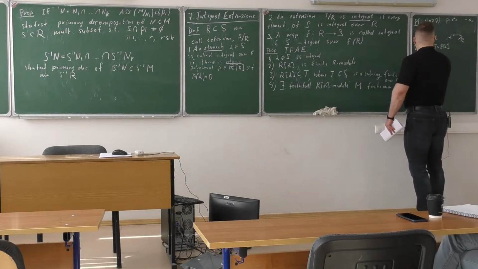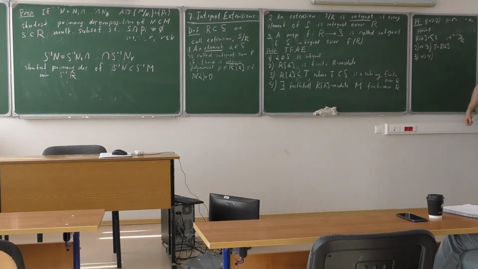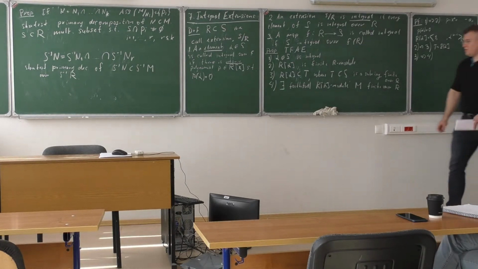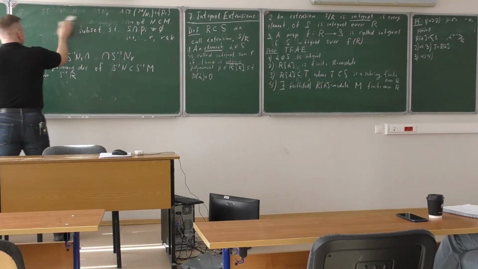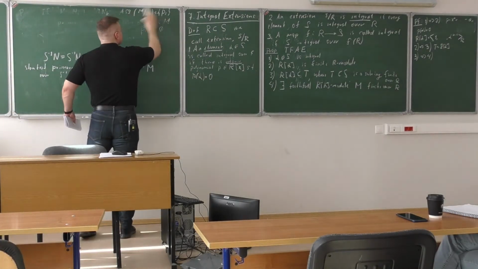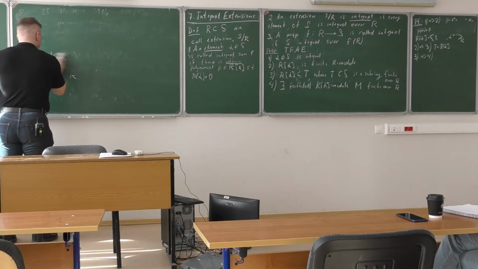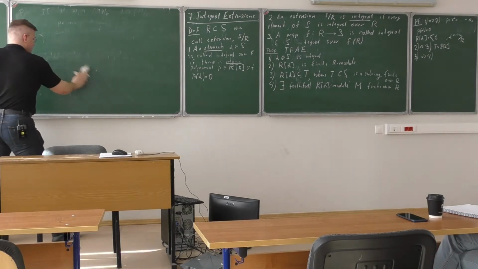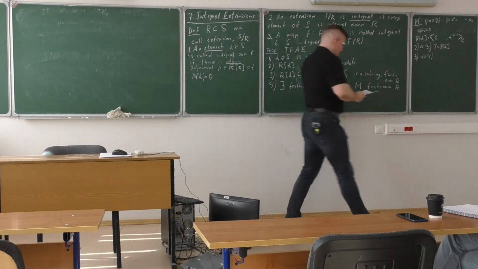Okay, so now 3 implies 4. How to show that 3 implies 4? Okay, I'm going to use this little pause to erase the blackboard. No, I think it's even easier. You don't need to take a quotient by the annihilator.